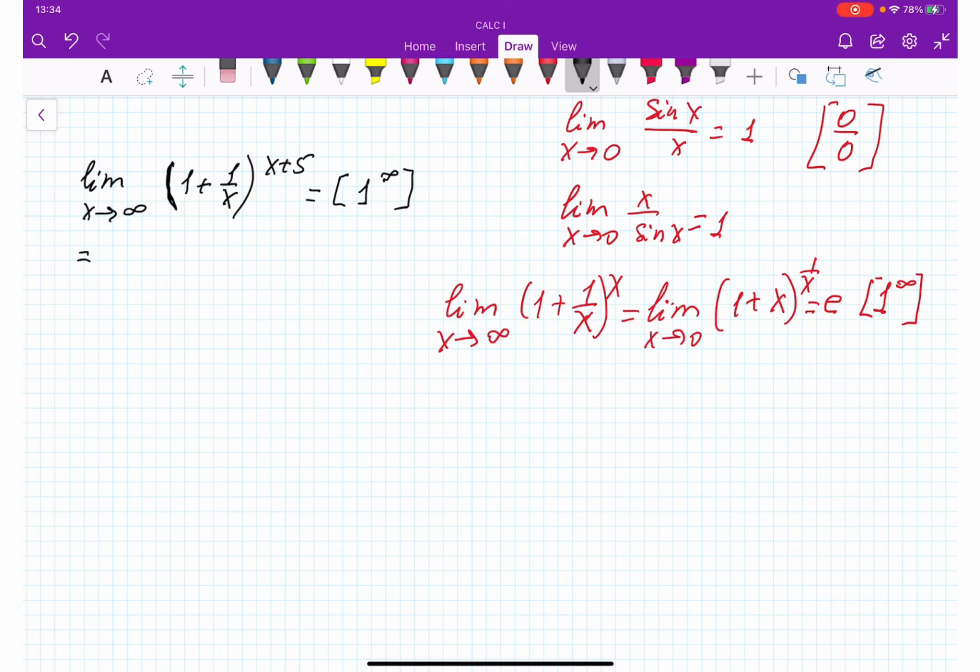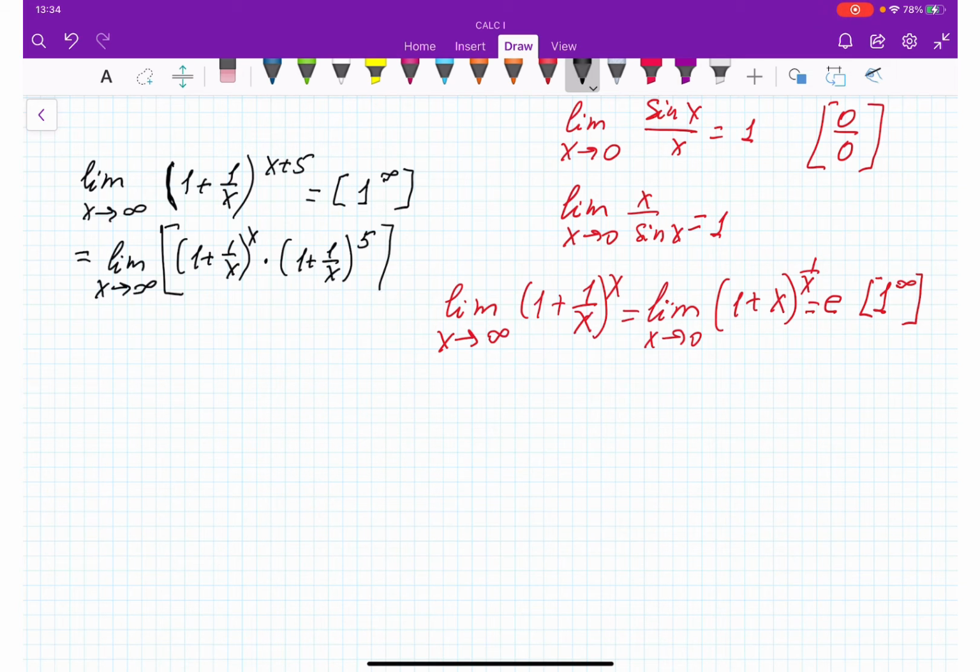So that means I can replace it and get the limit equal to e, but after a little bit of simplification. Limit as x approaches infinity, we get 1 plus 1 over x to the power x times 1 plus 1 over x to the power 5.